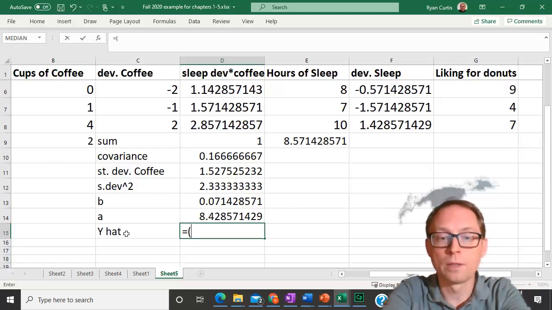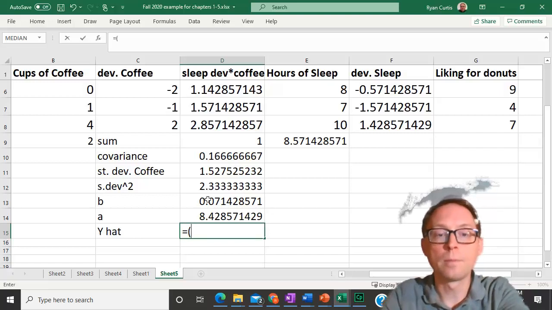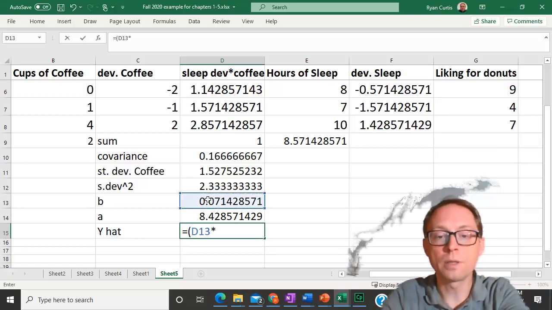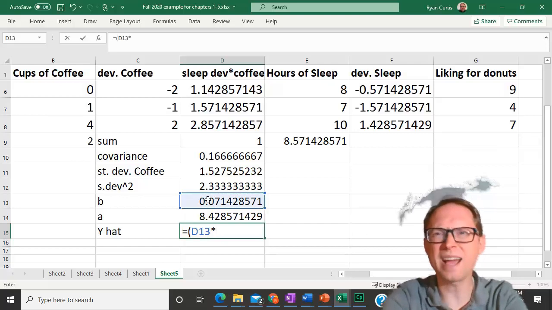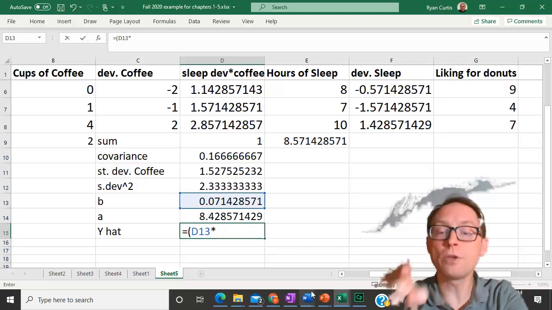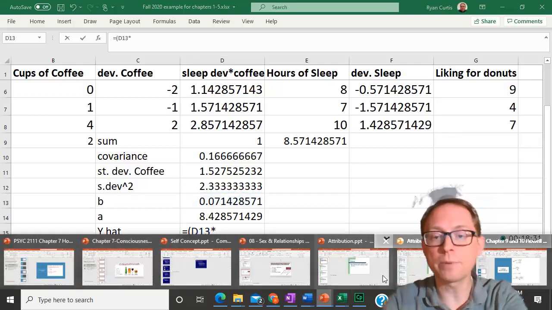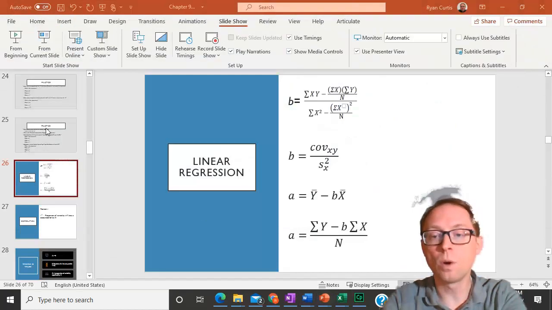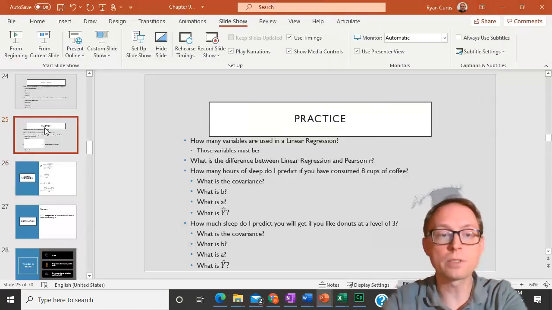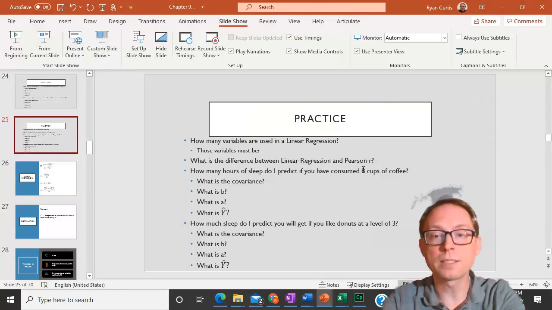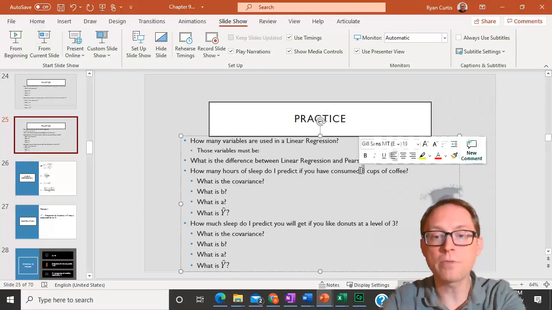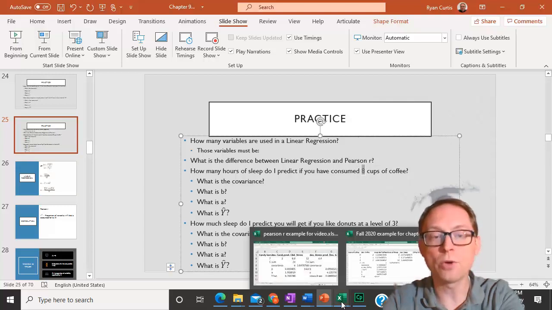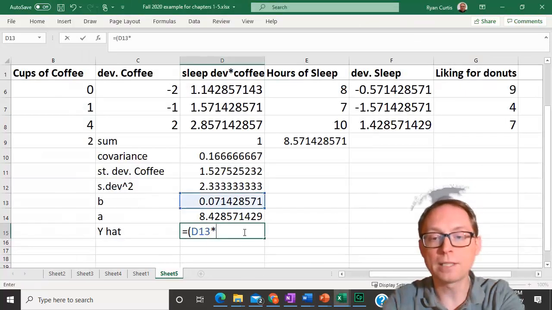So this is b, the slope, times x. What's x? X is what I gave you, exactly 8 cups of coffee. So x is 8, the value of x that I give you.